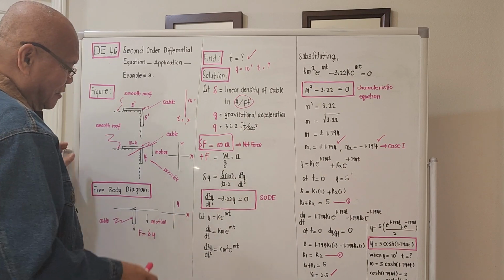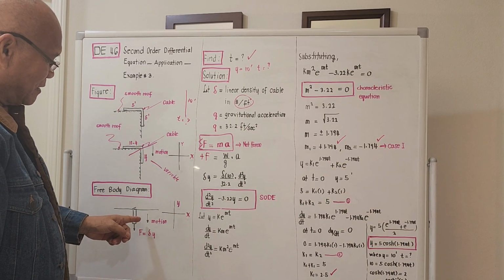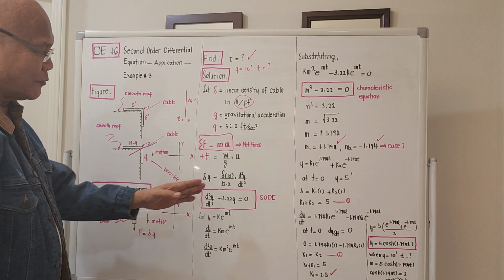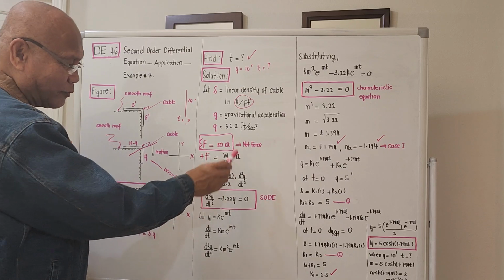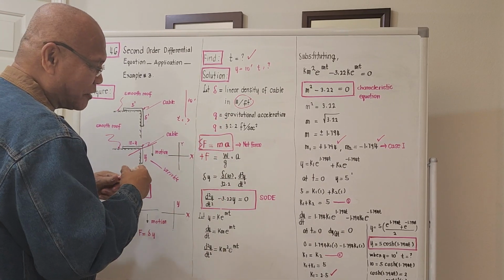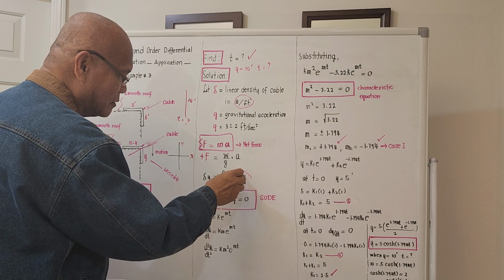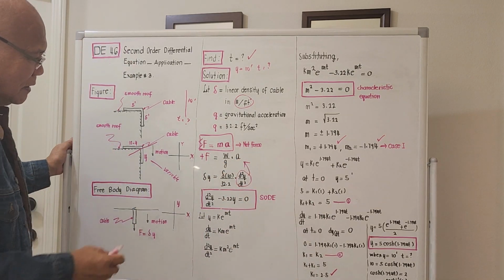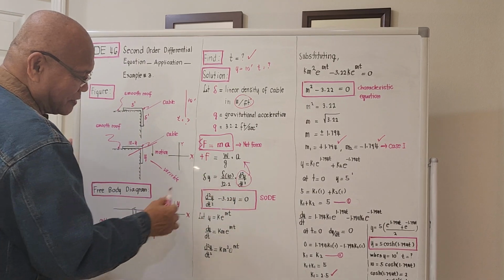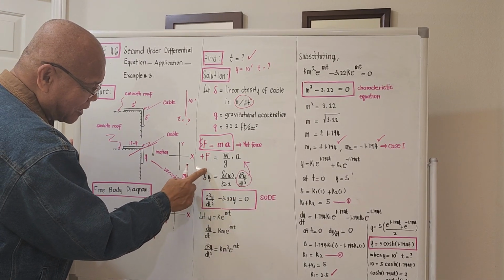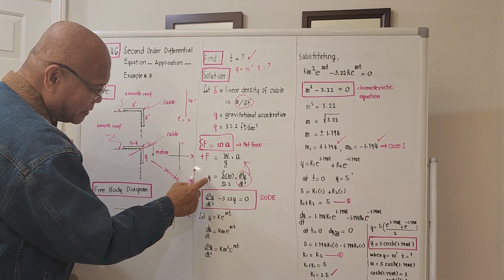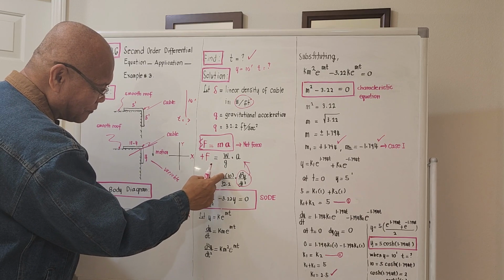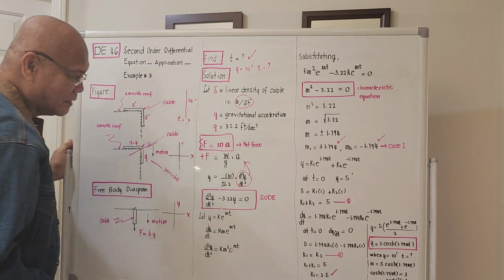The variable length over here is y, so if we take the second derivative of y, that represents acceleration. Left hand side, right hand side, this delta and this delta cancel out. We do not need the exact value of that linear density.